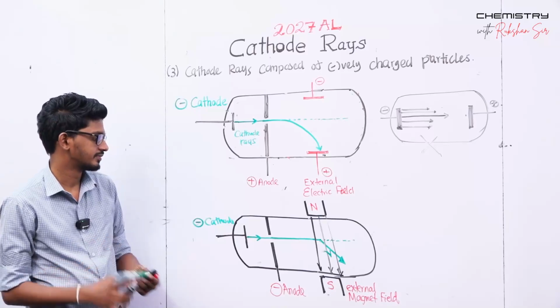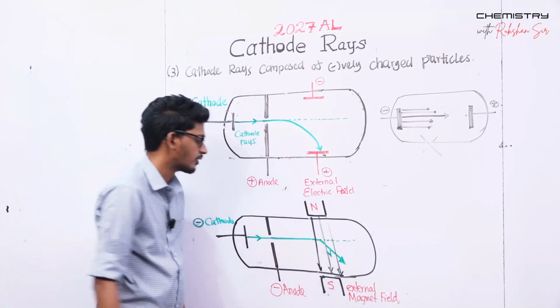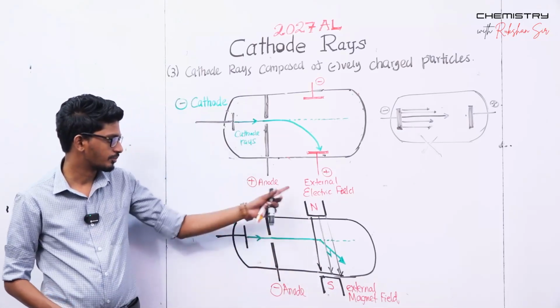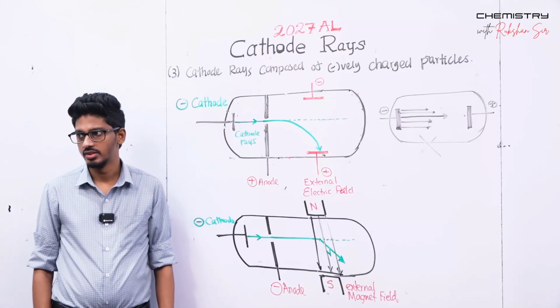That is how the cathode rays deviate in a magnetic field. This is also a proof that cathode rays are negatively charged.